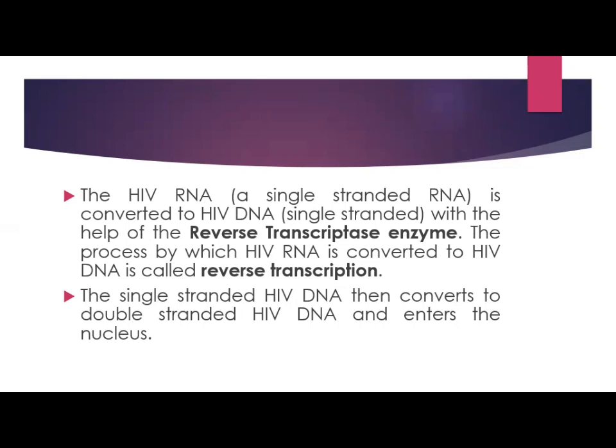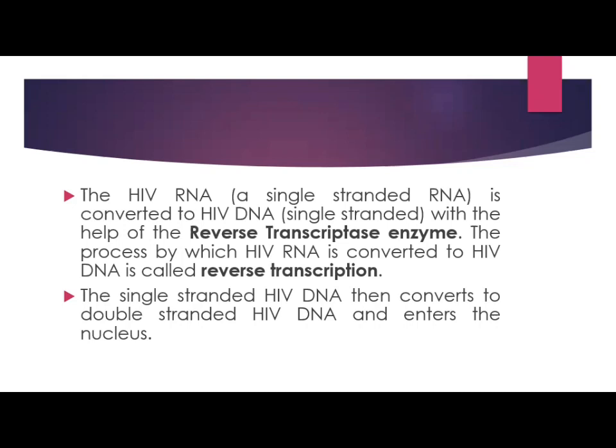So this point is just saying the HIV RNA will be converted to HIV DNA by an enzyme called reverse transcriptase. And this stage is called reverse transcription. So the second stage is called reverse transcription.